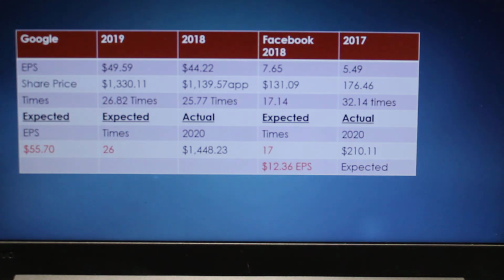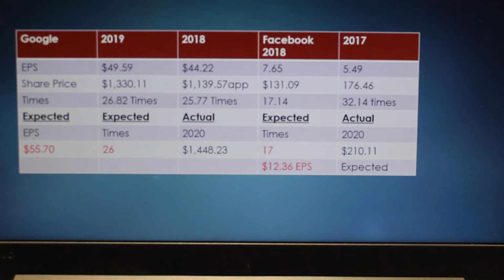Now let's have a look at an example. Let's look at Google and Facebook. I've done some research, and I was able to ascertain some of this information on their website using Yahoo Finance. I found the earnings per share for Google for 2019 is $49.59, and in 2018 it's $44.22.